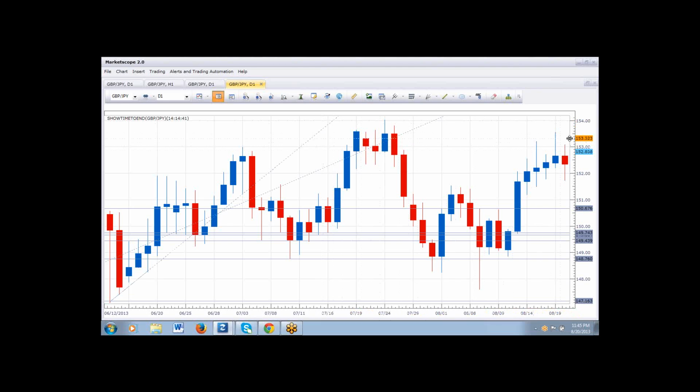If it's in a level of supply and we choose to sell, where will we put our stop? Which price point will you be putting your stop? Start from you, Ann. The last swing high. Okay, last swing high. Jason? Yeah, I agree. 154.